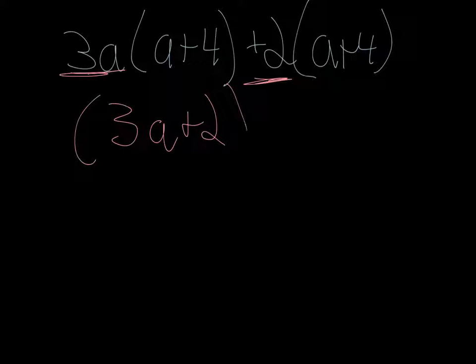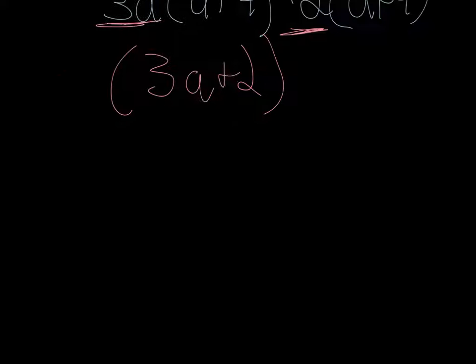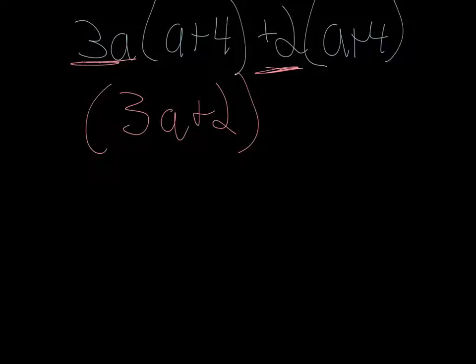So I have 3a plus 2, and since there are two (a plus 4)s, I am going to take one of those (a plus 4)s and cancel it out, because the GCF of a plus 4 is a plus 4. So that is my second bubble.